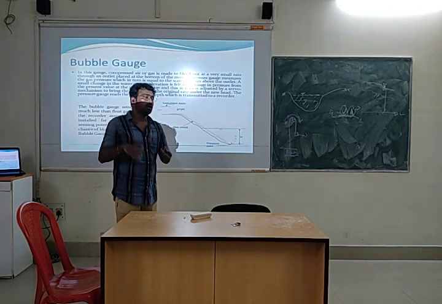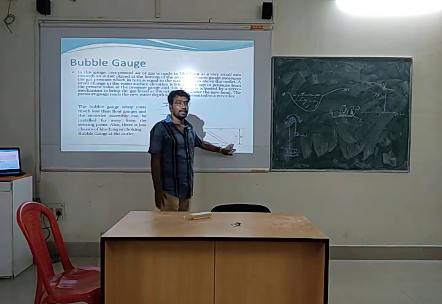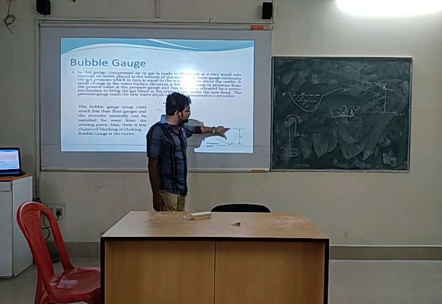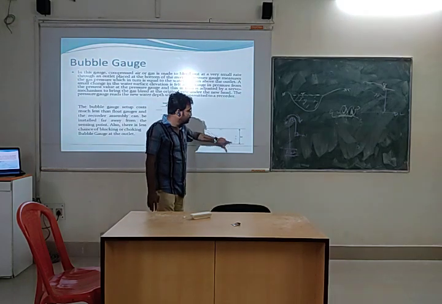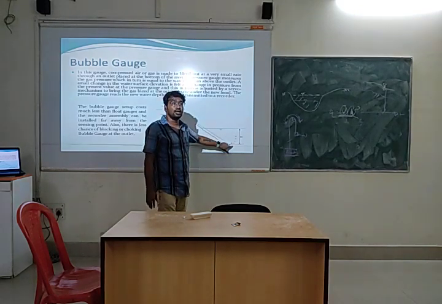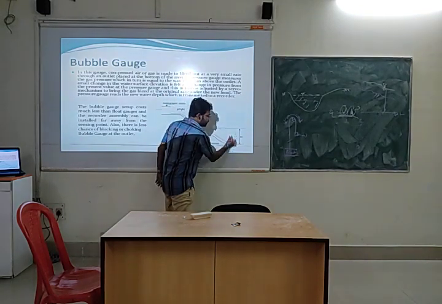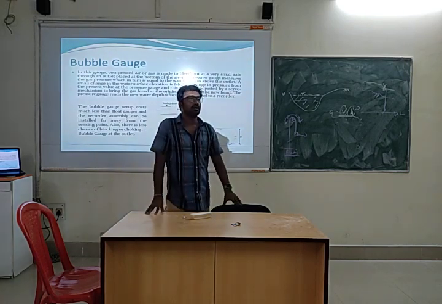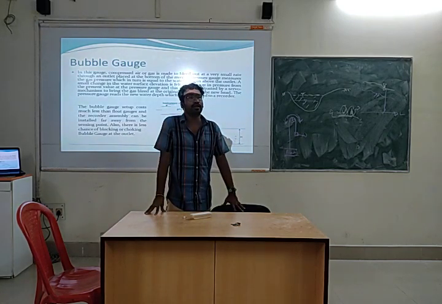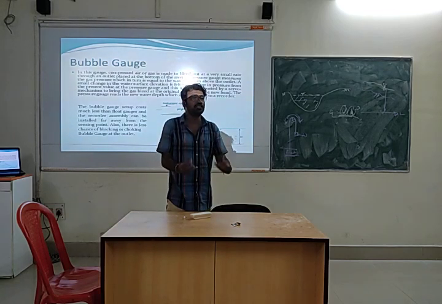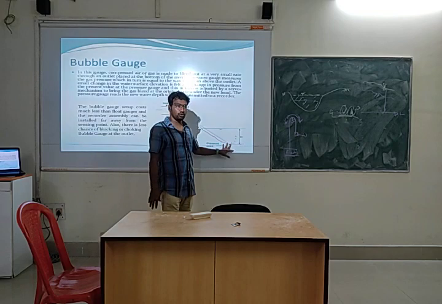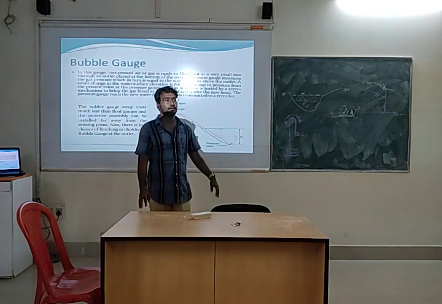The bubble pressure over there and the pressure exerted by this height of water column, we can consider one water column over there. That water column, by its weight, will provide a pressure equal to it, and we can measure and control the pressure of the bubble.